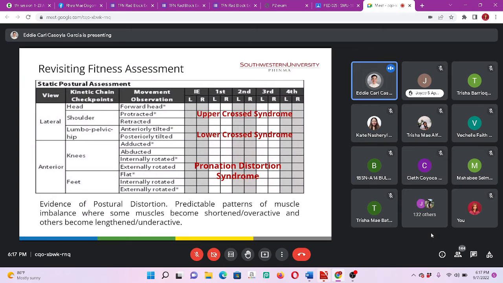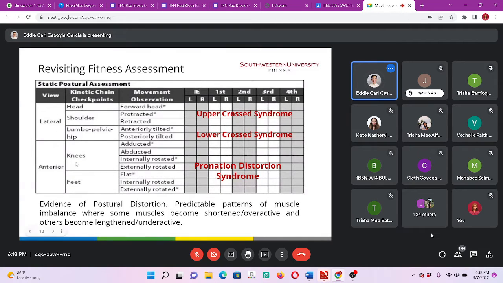Okay? And kindly inform your evaluator about how to write the results in the initial evaluation, especially in lateral and anterior. Okay, so for anterior, since this is front view, imagine the evaluator is facing the student, or you, the student, while doing the static postural assessment.